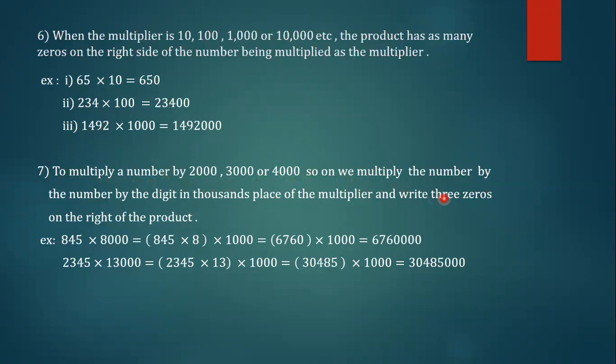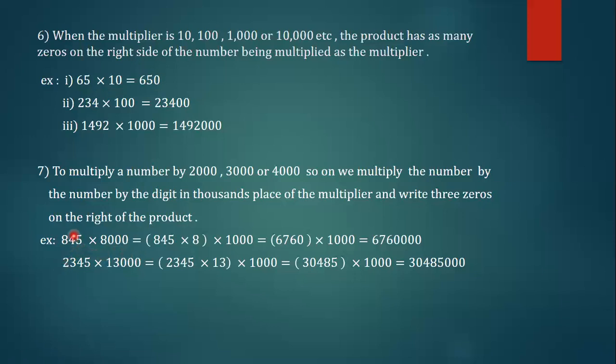For example, 845 into 8000. This is the thousands place, so the multiplier is 8 into 1000.